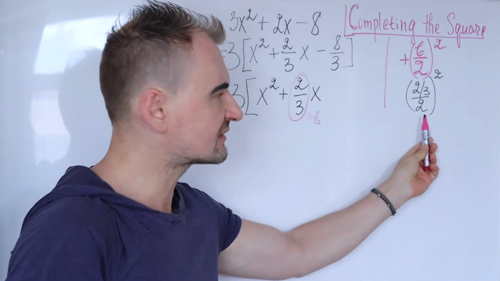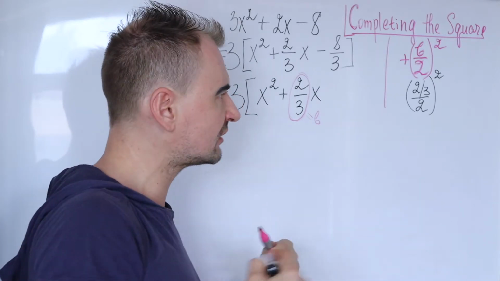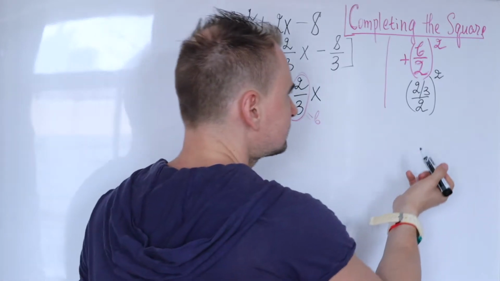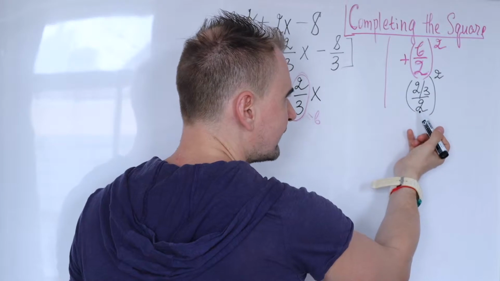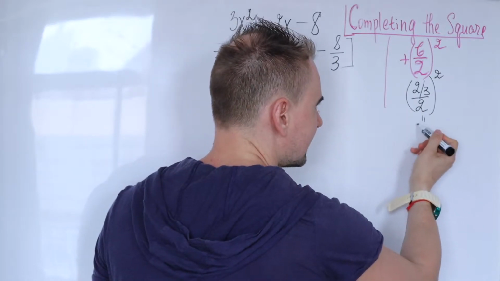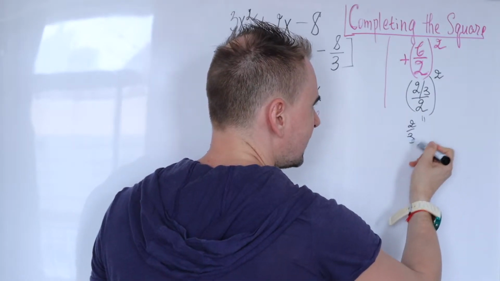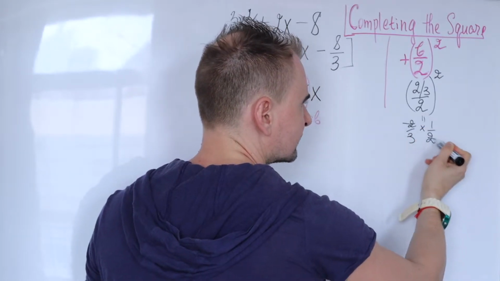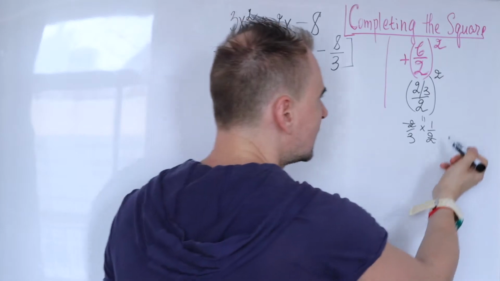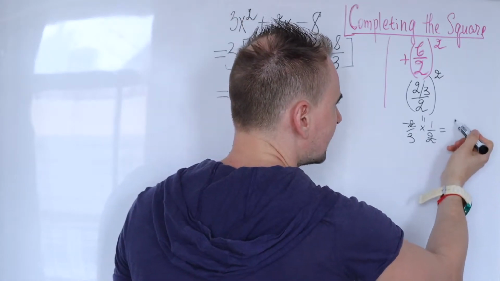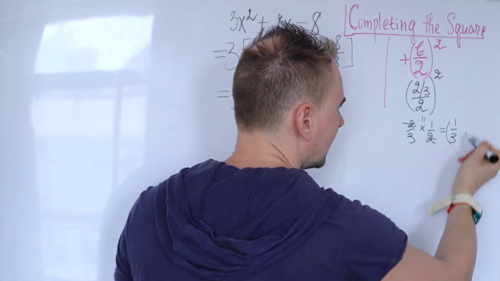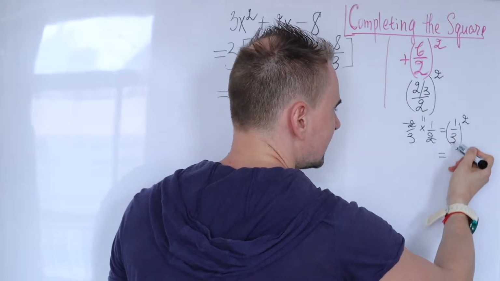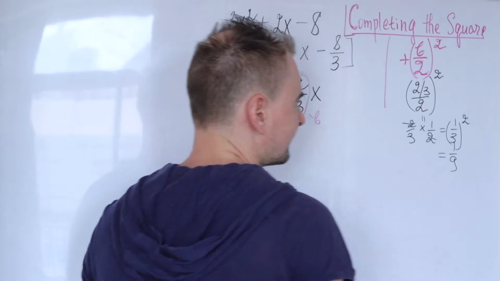Let's simplify, since it involves a complex fraction and we want to get rid of this. 2 over 3, when you divide by 2, is the same thing as multiplying by 1 over 2, and these two would just cancel each other out. So you would be left with 1 over 3. And you need to square this, and it simply becomes 1 over 9.